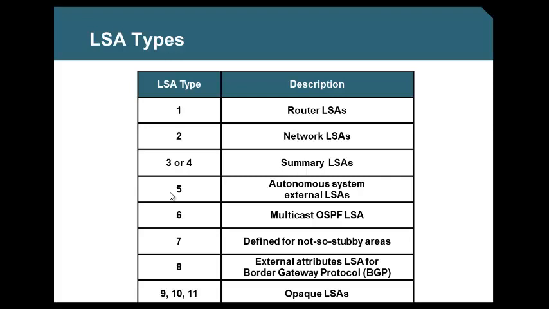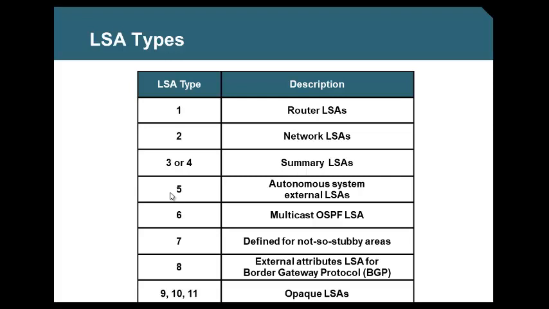If you do summarization, this LSA will be less. As I showed you, summarization decreases type 3 and type 5 LSA. If you do summarization, there will be fewer type 3 LSAs.